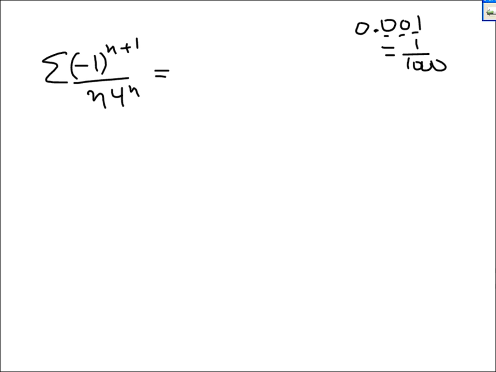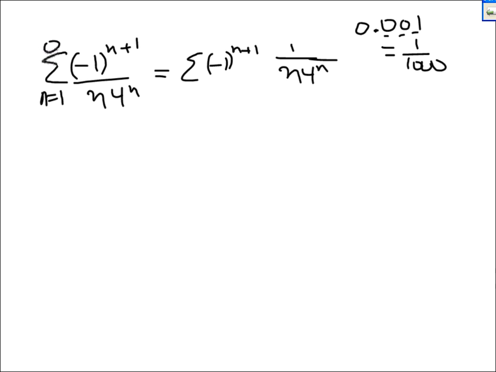Well, we know that this is negative 1 to the n plus 1 times 1 over n times 4 to the n. And this problem is going to start with n equal 1.